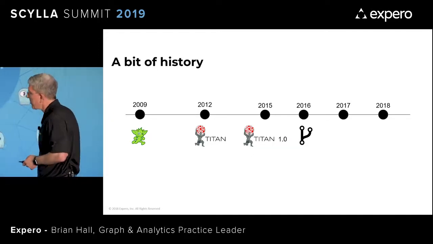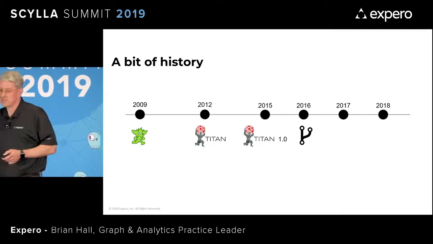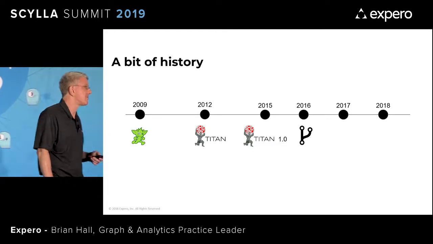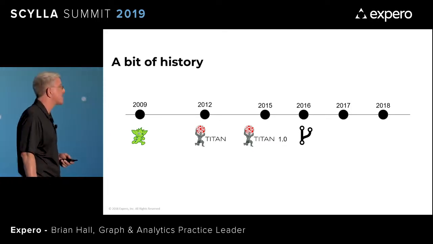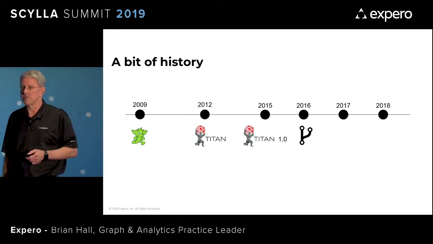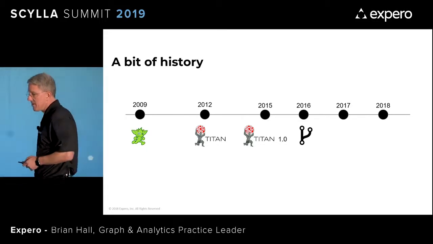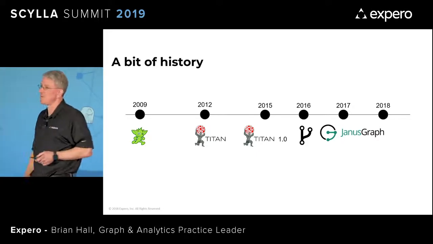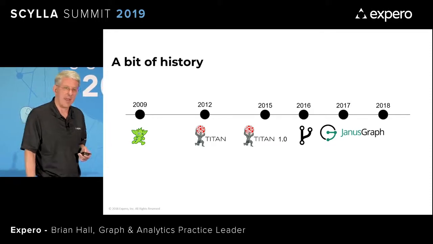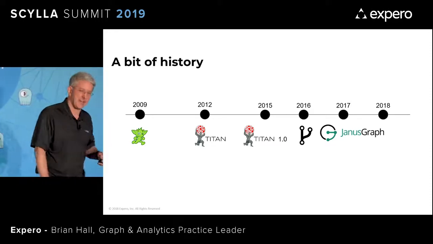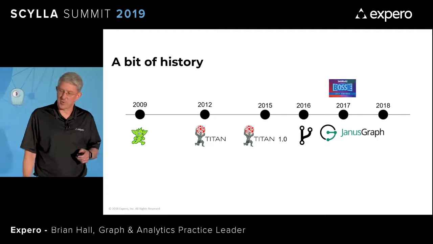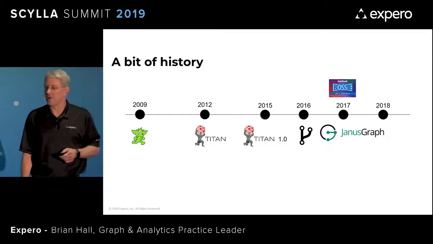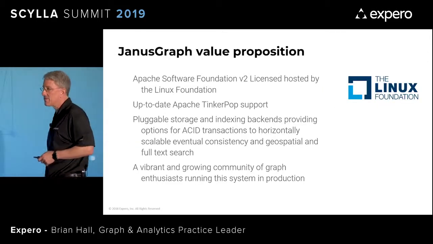In 2015, Titan 1.0 came out, and in 2016, the company that created Titan got acquired by DataStax, and there was a bit of a lull in the action, and in 2016, Titan 1 was forked into JanusGraph. So while JanusGraph has not been out as a project for a very long time, it has its lineage in a lot of the Titan DNA. And as of 2017, it's already gotten a Bossie Best of Open Source Software Award from InfoWorld, and that's how we get to where we are today.